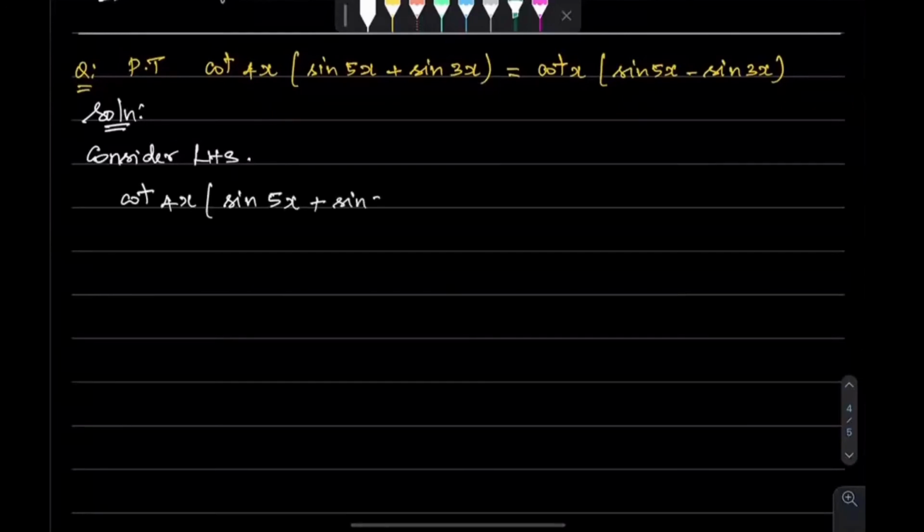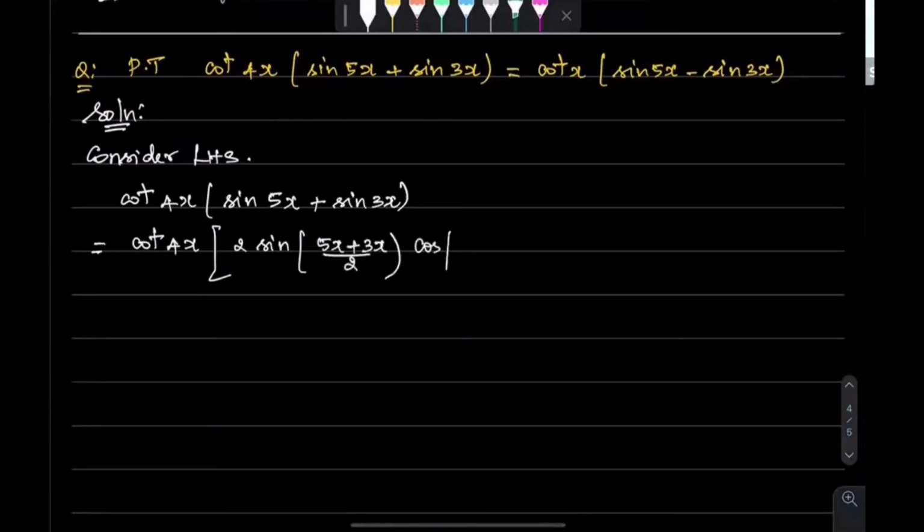Perfect. Let's see. So how can I write first? Simplify the bracket. You can write it in terms of product. So I get what? 2 sin 4x cos x. Smita, you got the answer?